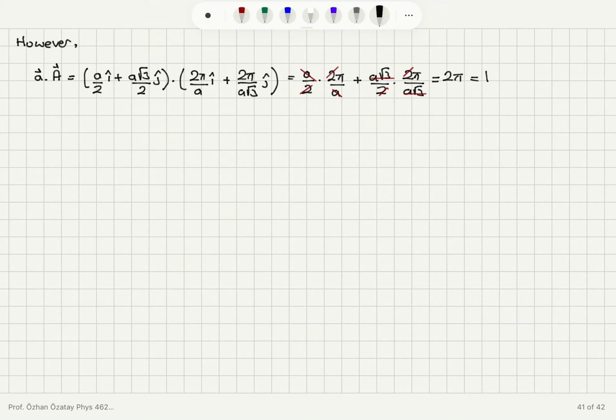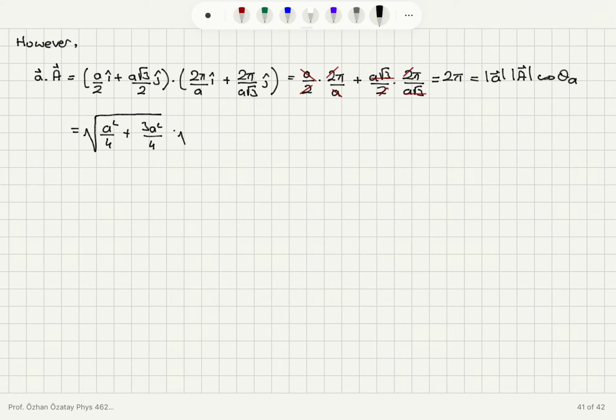And this must be equal to magnitude of A vector, magnitude of capital A vector, cosine of the angle between them. So what is the magnitude of the A vector? It is square root of A square over 4 plus 3A square over 4.